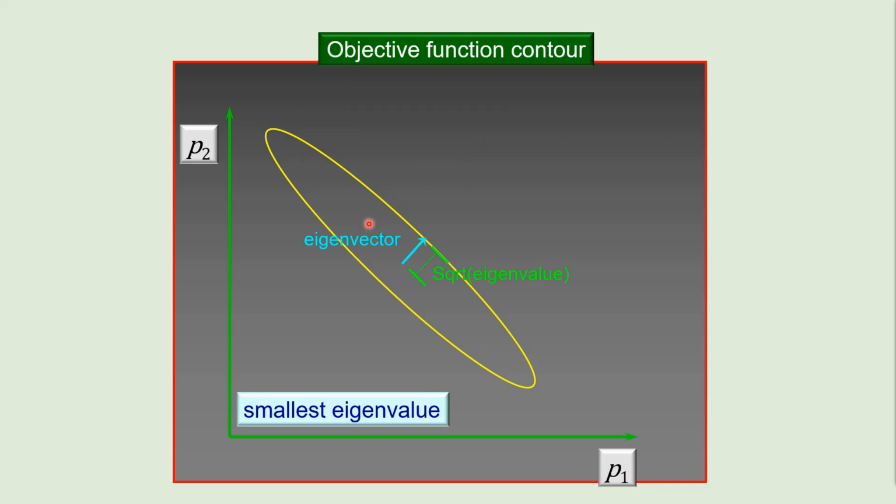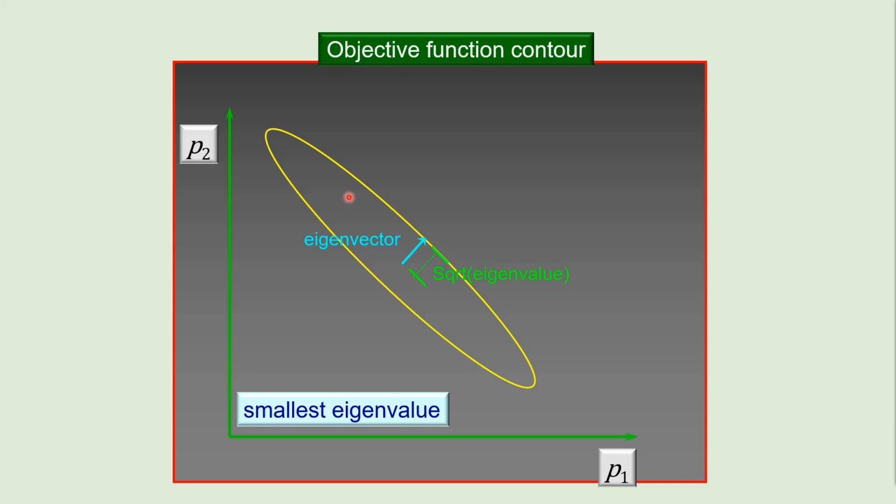Now there are some important qualities that emerge from this. If the ratio of lowest to highest eigenvalue is very large, that means that we've got a long and narrow ellipse. That means we've got incipient non-uniqueness.